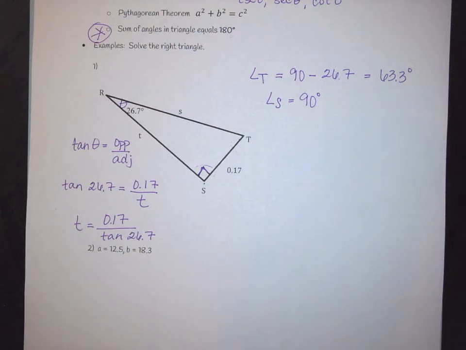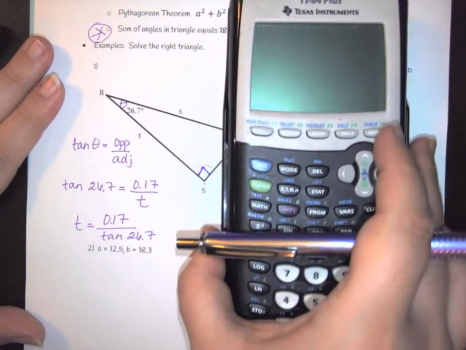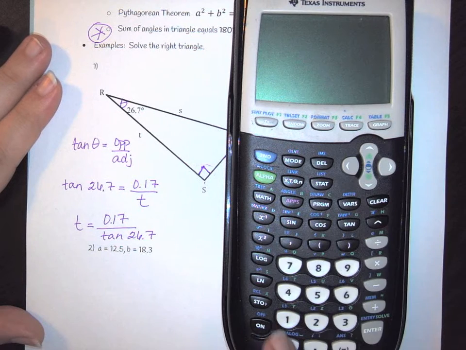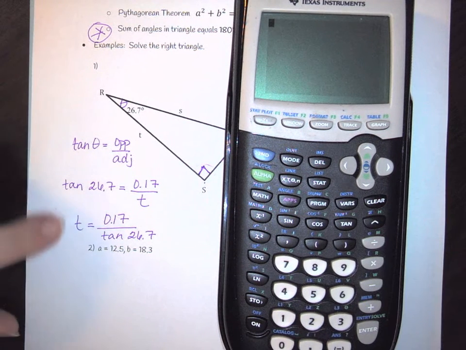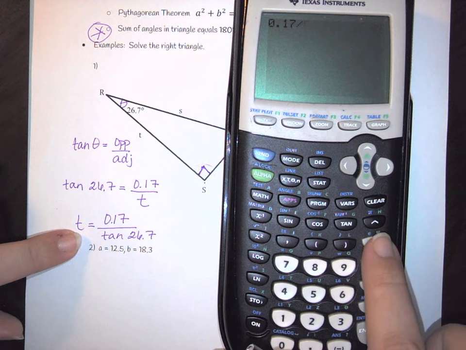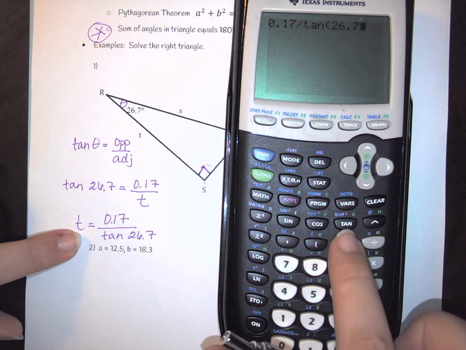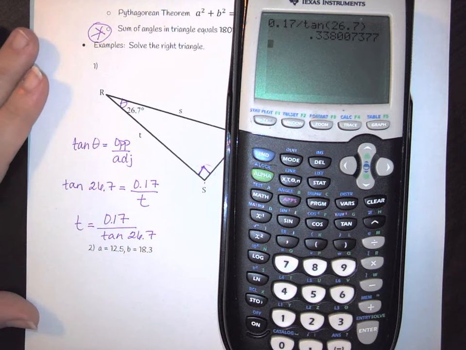All you have to do is plug that into your calculator. So we're going to pull that out right here. Again, we're going to do 0.17 divided by the tangent of 26.7, and that is going to give you that length.